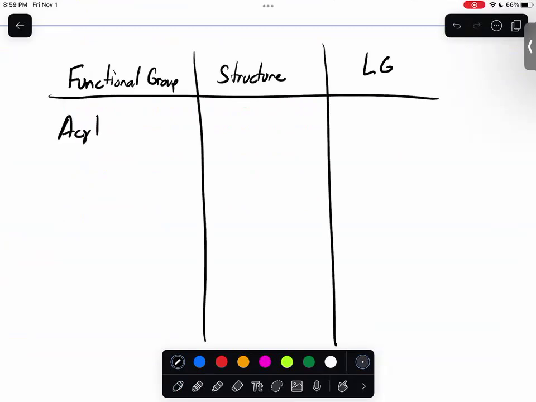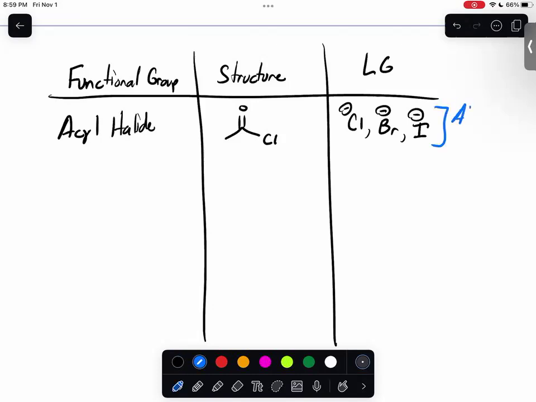And these are pretty good because you can imagine every structure is going to have some type of leaving group already attached to it. And of course, that could be Cl minus. We could also draw it with a bromine to make it Br minus, or an iodine, we can make it I minus. These are all really good leaving groups, right? So generally speaking, these are pretty good to kick out.